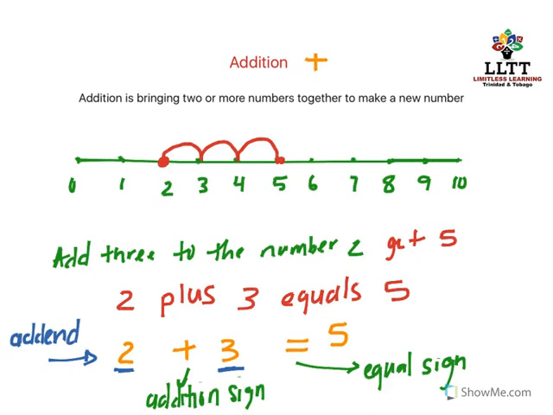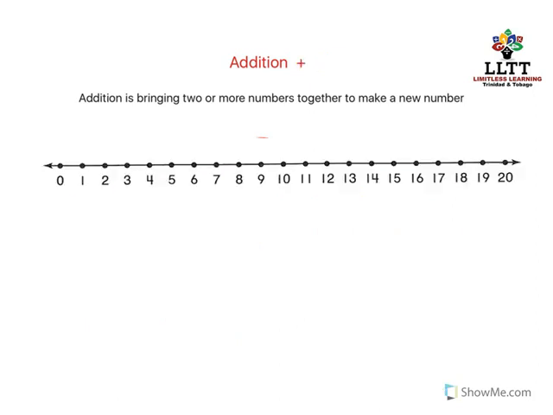Okay, so let's look at some other equations or some other numbers that we can add together. We just did 2 plus 3, using our number line, and we're going to continue using our number line when we're adding small numbers. Now I have a number line that goes from 0 to 20, and let's say I wanted to add 4 plus 7.